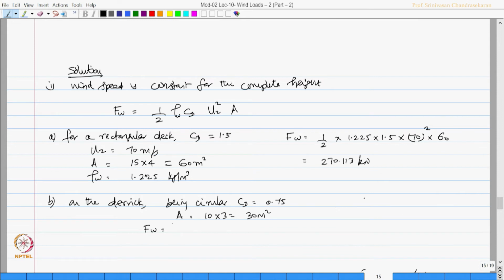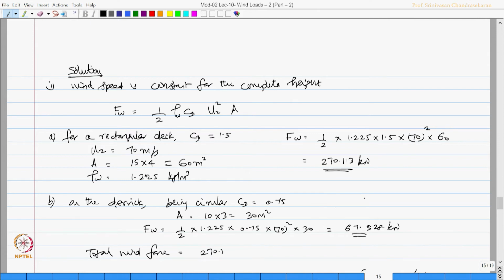So, FW is going to be half into 1.225 into 0.75 into 70 square into 30, which gives me 67.528 kilonewton. The total wind force is summation of these two, which is going to be 337.641 kilonewton.